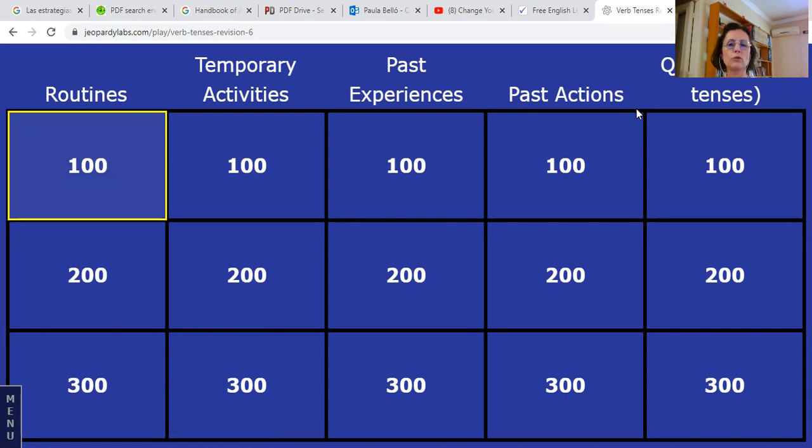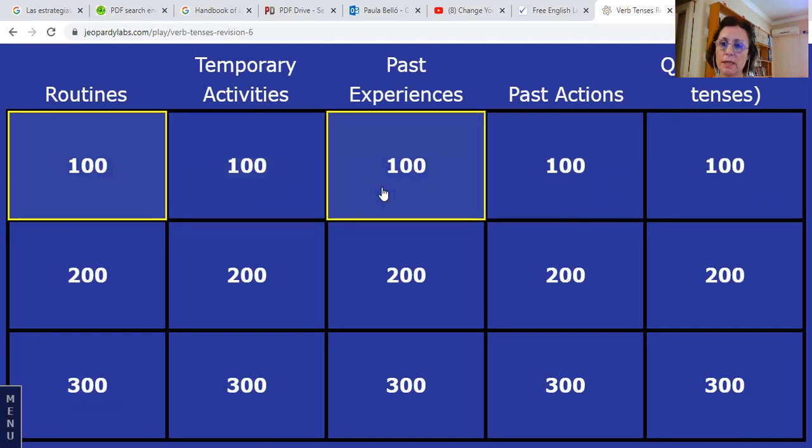So you have to choose one of these and earn the points. Here you will have routines activities. You have to remember how to express routines, something you do every day, every week, every month, every year, every summer. Here, only temporary activities, what you're doing now, this week, this semester, but it's temporary.